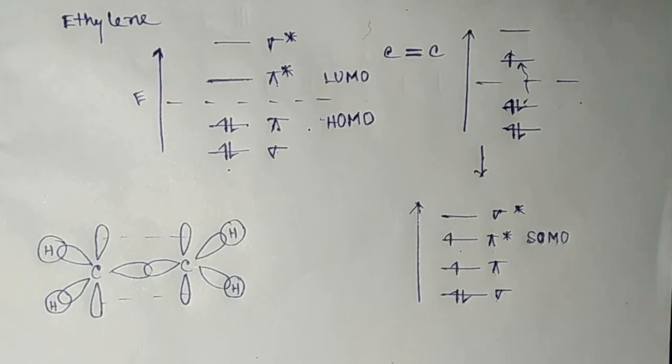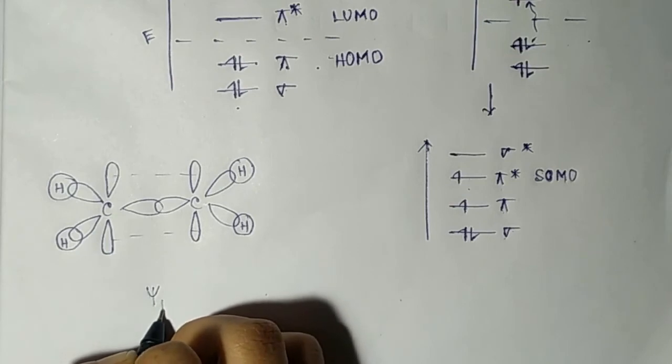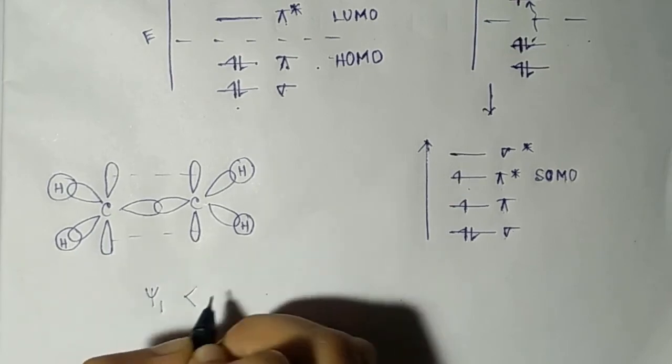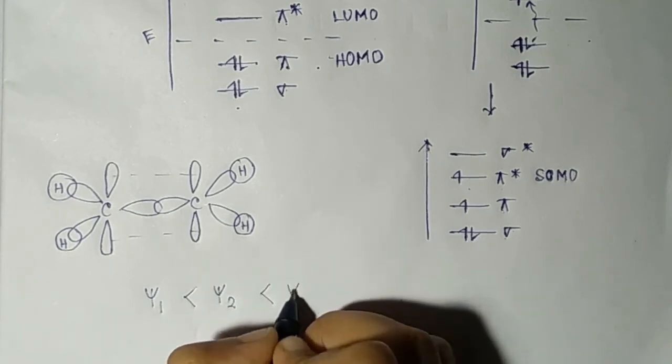These molecular orbitals are designated as Ψ1, Ψ2, Ψ3, Ψ4, etc., and they differ in energy. They are written in increasing order of energy, where Ψ1 is of lowest energy, Ψ2 is of greater energy than Ψ1, and so on.